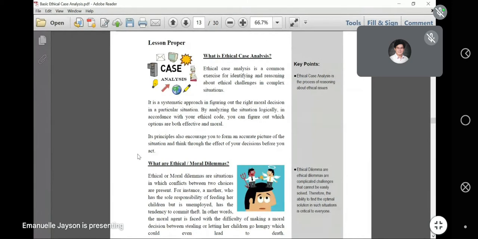Or in other words, as long as the resultant happiness would be for the most number of people living in your own community. Kasi kayo bilang estudyante pa lang, your immediate environment will be your own community. Not only your family, not only your relatives, but your community to where you are living right now. Kung ano mang poblasyon yan, ano barangay. And also when you come to the school, you are also bounded by the ethical code of our university.